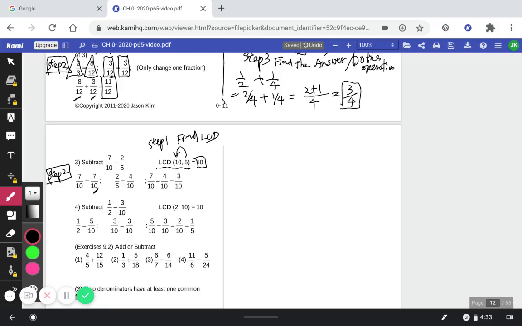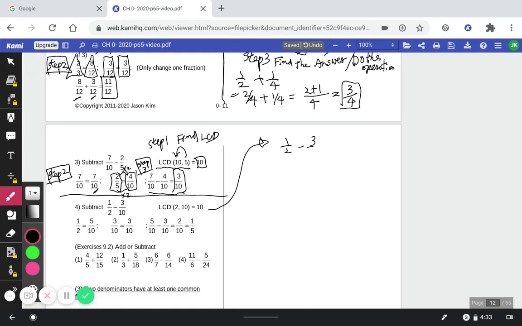Now 2/5, you have to make it in tenths, so you need to multiply by 2 on the bottom. That means you have to multiply by 2 on the top as well. So 2/5 will be replaced as 4/10, which is an equal fraction. Now, step 3, you do the operations. Find the answers. So 7/10 minus 4/10 becomes 3/10. So that's the subtraction.